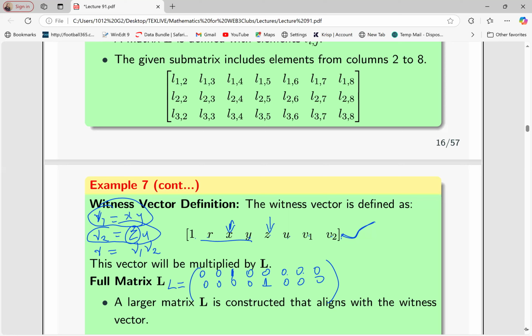And then the last row, V1 is the one on the left, so it becomes 1, and the rest are zeros. This is the left matrix. What about R?